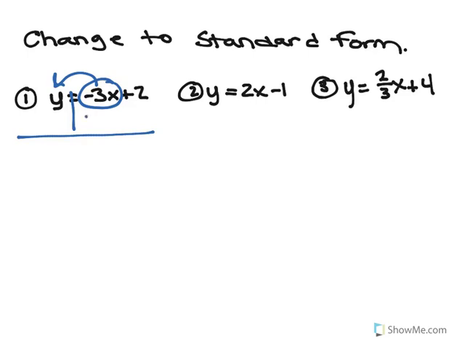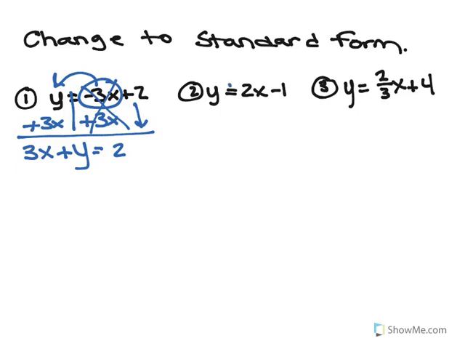It's a minus 3x, so I'm going to make it a plus 3x. This goes away because we moved it. So x goes first, positive 3x. Then we have plus y because y is positive. And then we bring down that positive 2. X is positive, x is not a fraction, so we're done. There's nothing else we have to do for that problem.